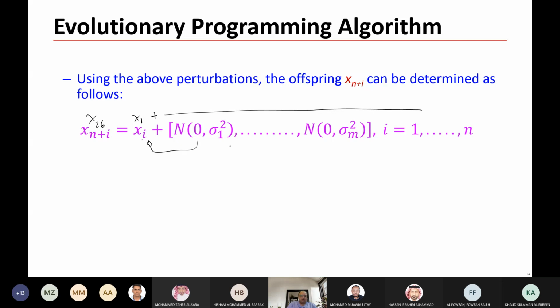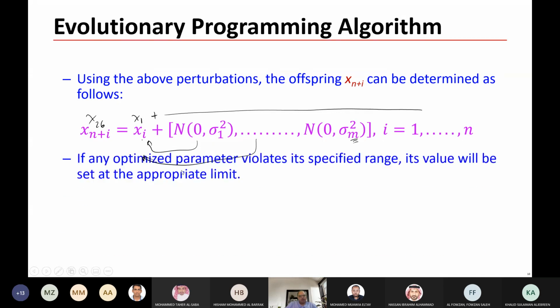You add this up to the number of optimized parameters. So you can have the perturbations here, and you add them to the parent solution, which is xi, to create x26. And of course, this is repeated for 27, 28, until you complete the population of 50.